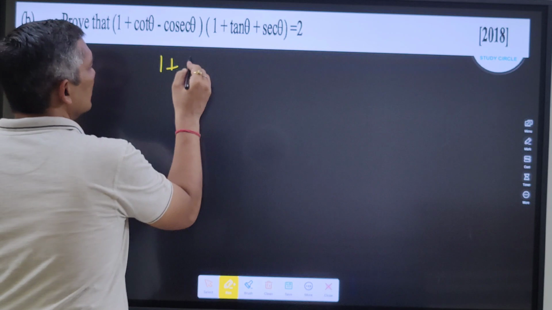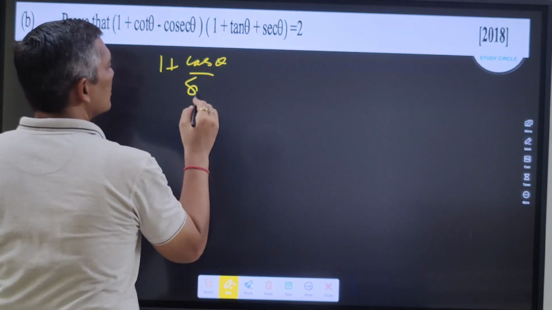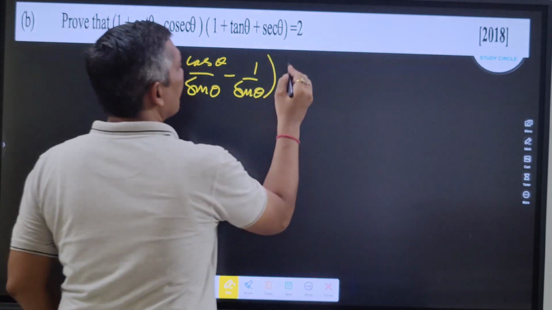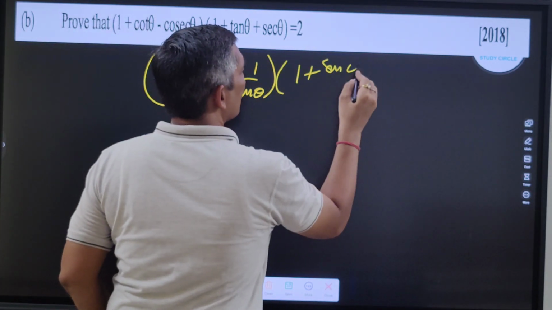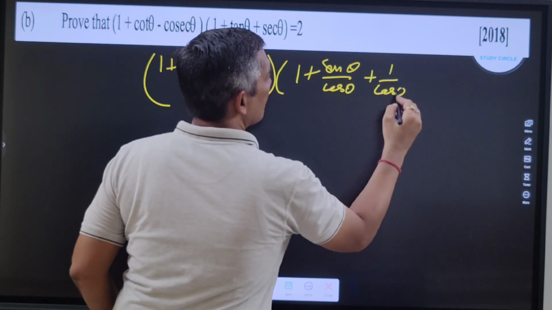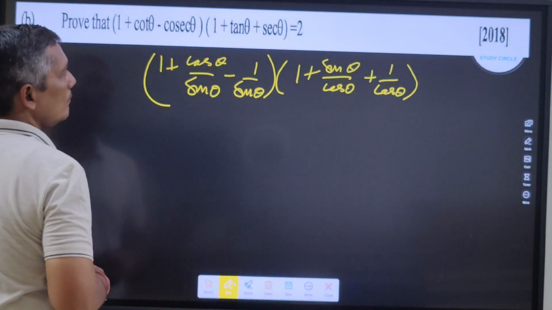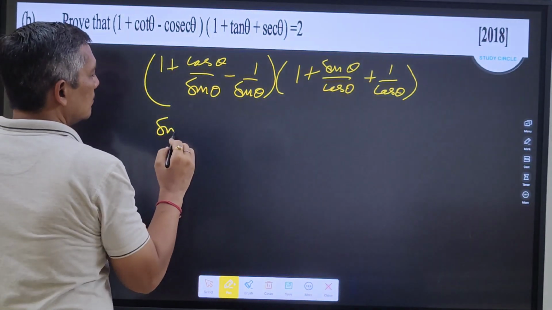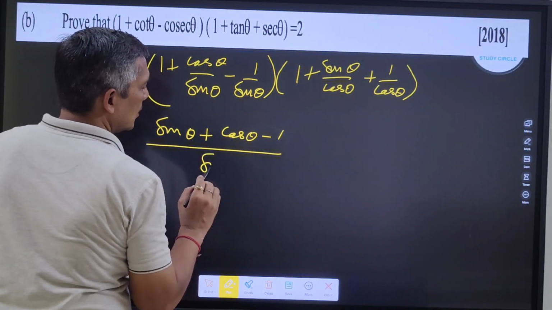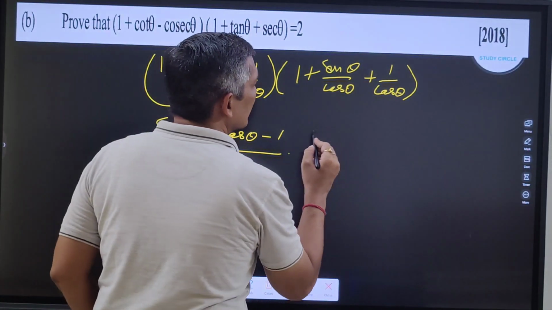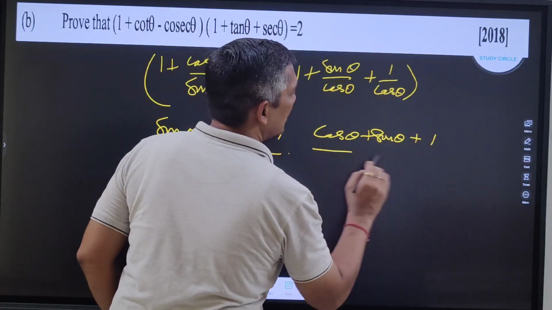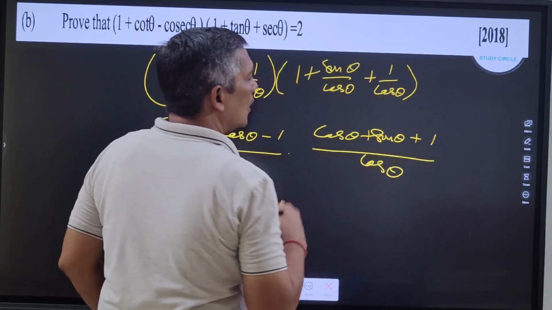Slightly bigger question. 1 plus cos upon sine minus 1 upon sine, ऐसे लेते हैं sin theta plus cos theta minus 1 upon sin theta, cos theta plus sin theta plus 1 upon cos theta.